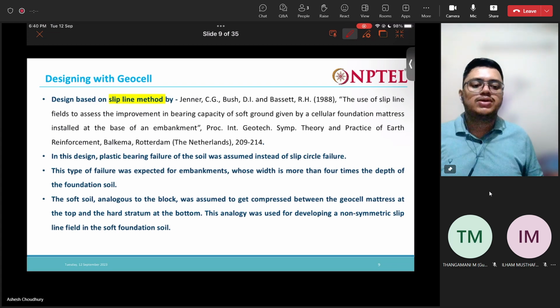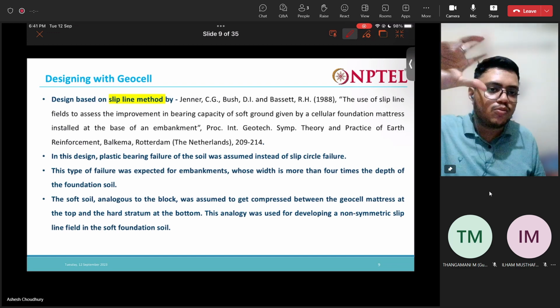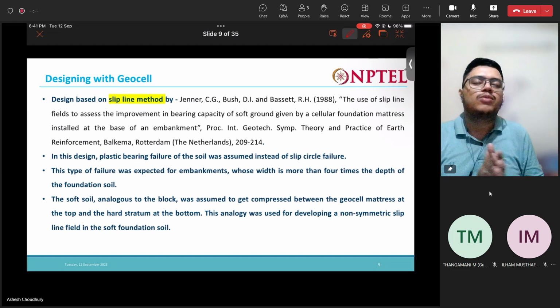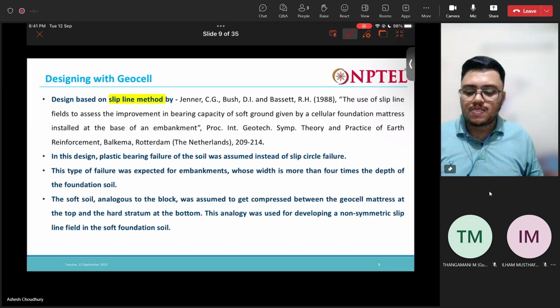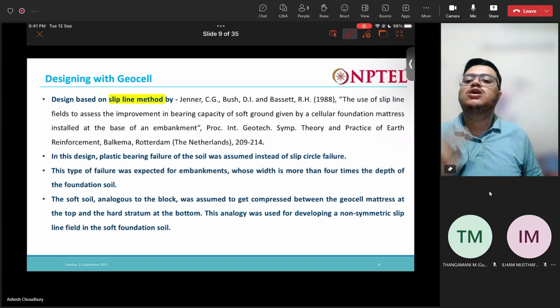We get two families of equations by solving the differential equations that define the equilibrium of the soil mass, and using the failure criteria from Mohr stresses and also from our limit analysis concepts, along with the basic equilibrium equations of the soil.